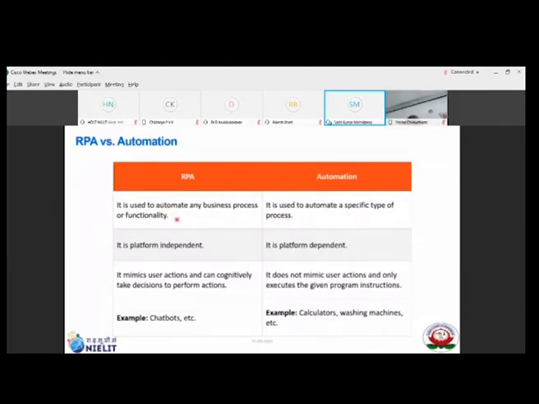But with RPA, it's not like that. You can talk to different types of business toolkits all together, gel them, and bring out a more effective understanding of the business model. This is also platform independent. With the washing machine, I probably cannot turn it on.